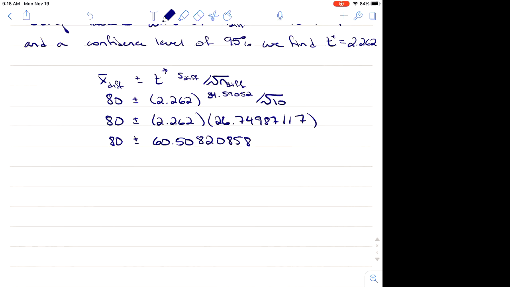And then do 80 minus recall 1 to get 19.49179142, up to 80 plus recall 1 up to $140.5082086. Because this is money, in my interpretation I'll round to 2 decimal places. But as long as you go to at least 2 or 3, if you forgot you have monies here, that's fine.